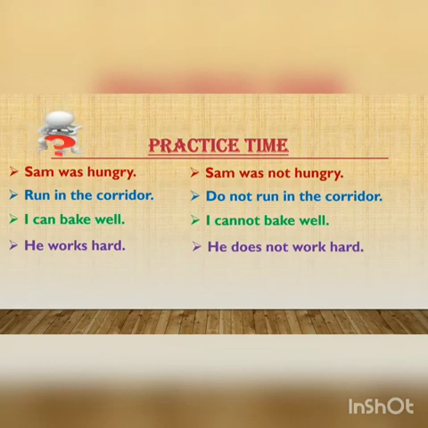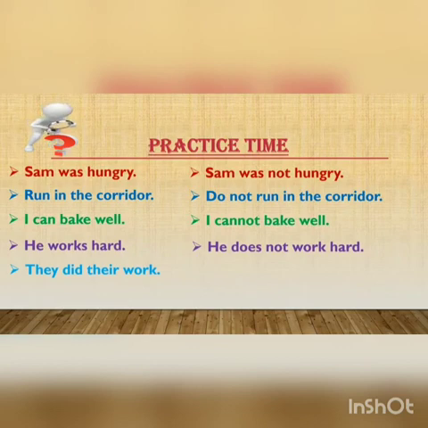Let's try the next one. They did their work. This does not have a helping verb and it is not an imperative sentence. So what is the verb here? It is did. That's in past tense. That means it is a simple past tense sentence. And the verb is did. So bring it back to its root form. That is do. And in simple past tense sentences, you don't have to bother about the subject.